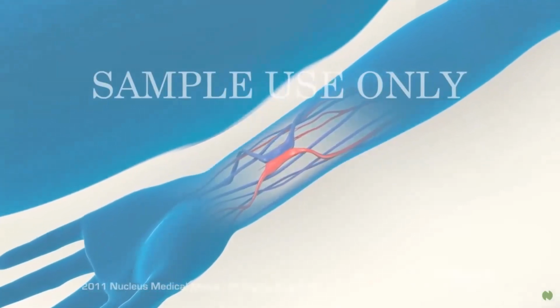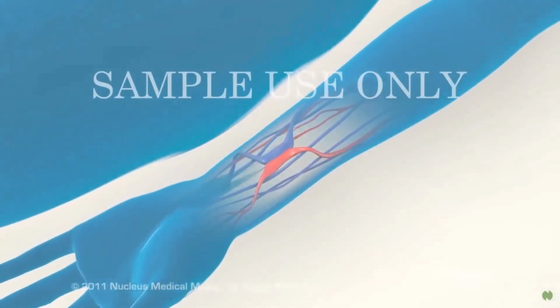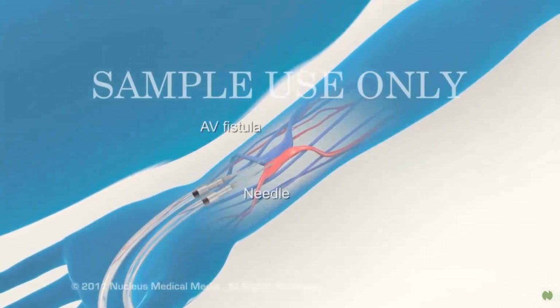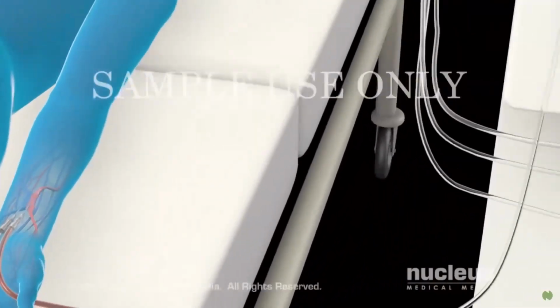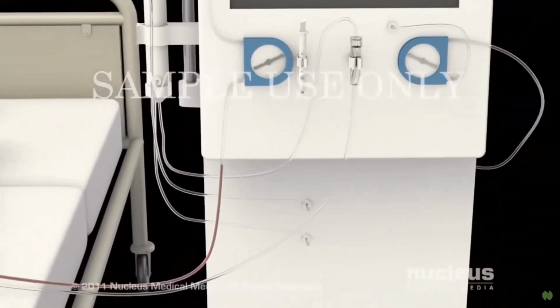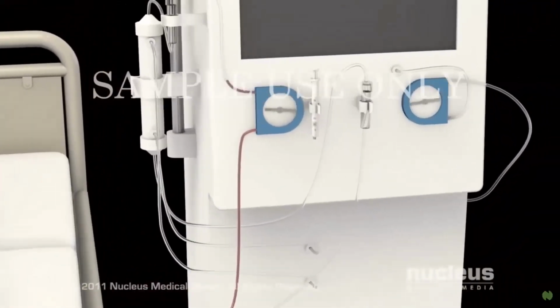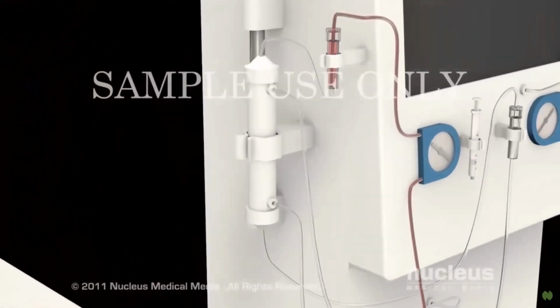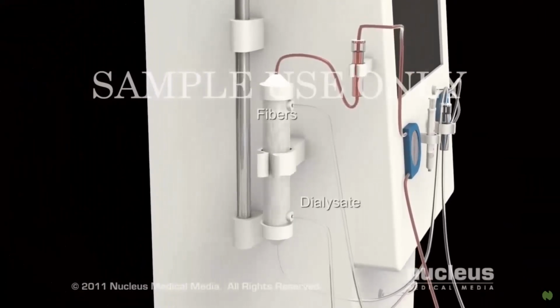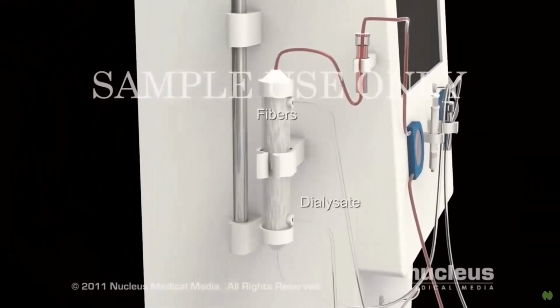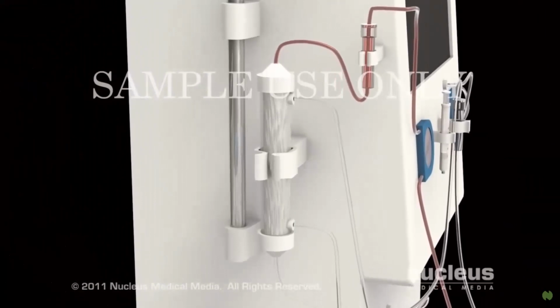To begin, your dialysis nurse will insert 2 needles into your AV fistula or graft. Once the circuit is set up, your blood will flow slowly out of your body and through the dialyzer. Inside the dialyzer, your blood will encounter filtering fibers and an absorbent cleaning solution called dialysate.